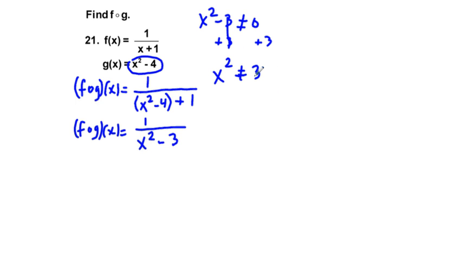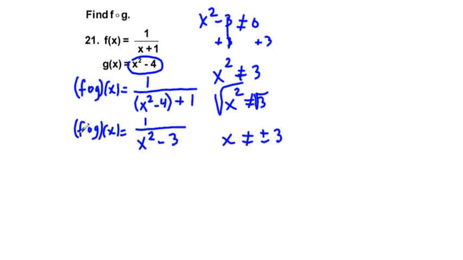And so taking the square root of both sides, x cannot equal, and what's the square root of 3? That's going to be plus or minus square root of 3.